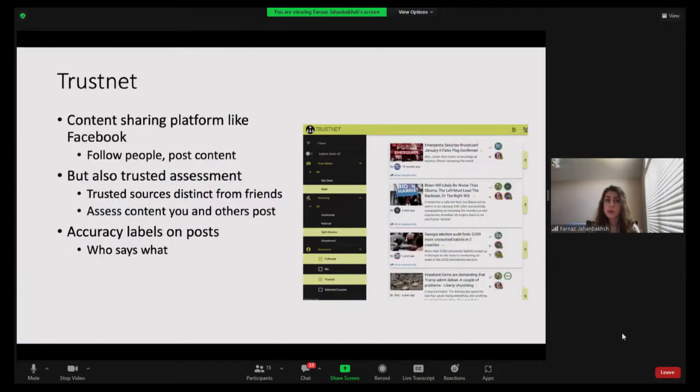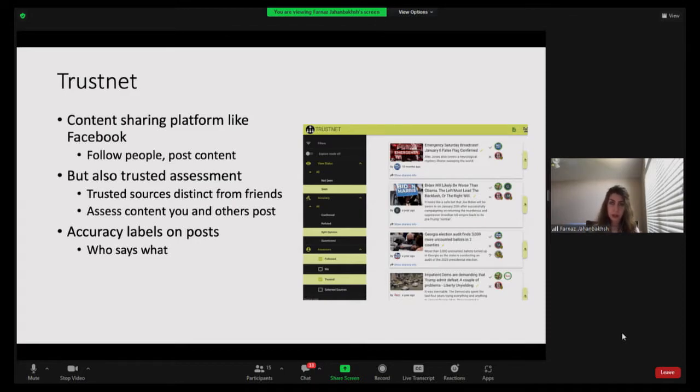But to put these affordances to test and find out how users would interact with them and use them if given the opportunity, we built a social content sharing platform that we call TrustNet. And TrustNet is Facebook-like and incorporates these affordances that I described earlier. And it allows users to follow each other.